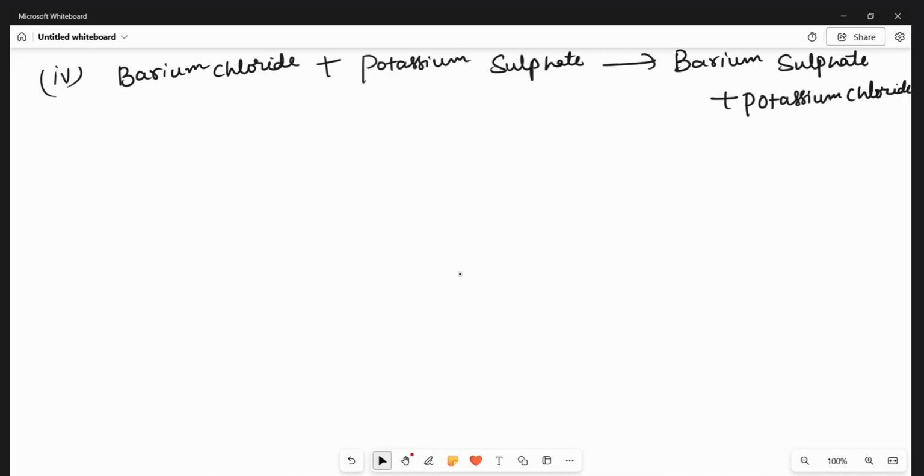What type of reaction is this? Double displacement reaction. Correct. Barium is displaced by potassium and potassium is displaced by barium. So it's a double displacement reaction.